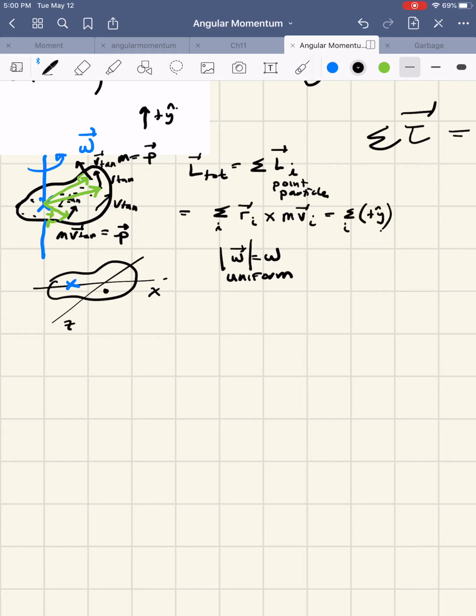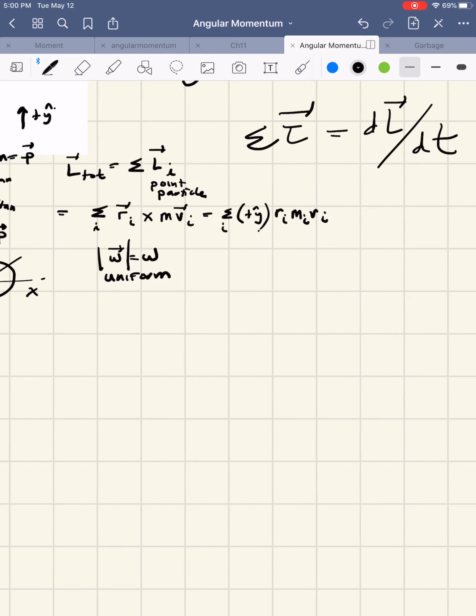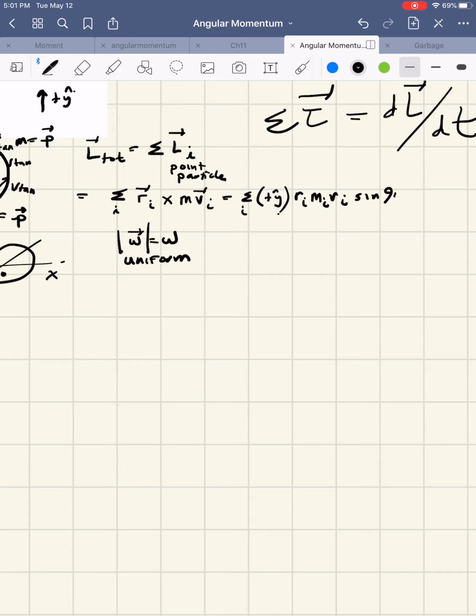For all of them, and for every single one of them, r is perpendicular to mv. So this would be r m v sub i sine of 90 degrees, which is 1. And so this sum really just becomes, and I'm going to pull that positive y hat out because it's a constant, the sum of r sub i, m sub i, v sub i, all in the positive y hat.